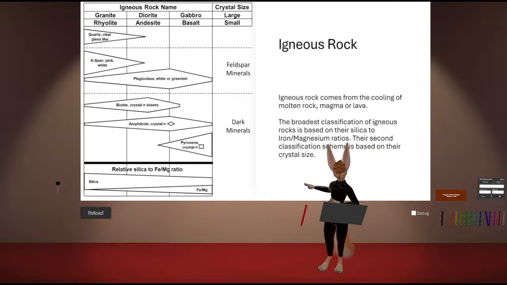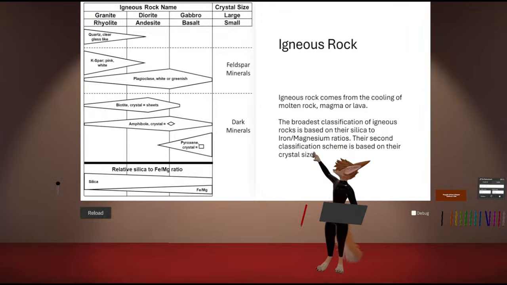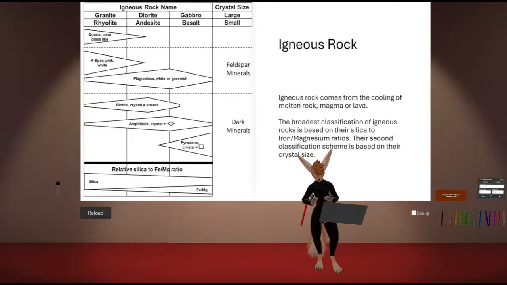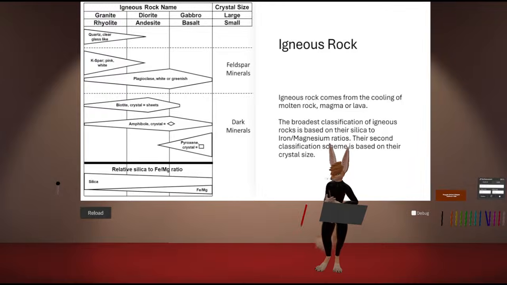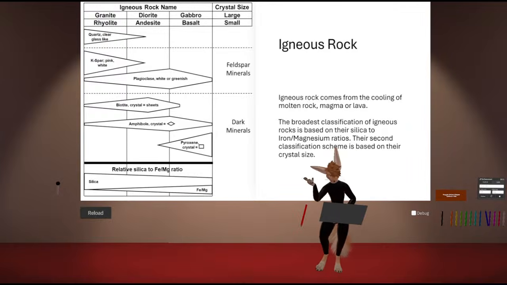High silica, low iron, high iron. The next one, this is a lot more useful, is for our small crystal size igneous rocks. And the mnemonic is red and black. Red and black. Rhyolite, andesite, basalt. And it turns out that rhyolite is red and basalt is black. Keep that in mind.